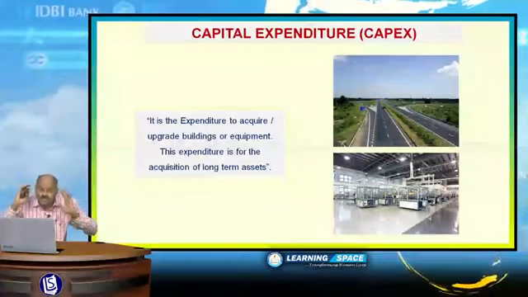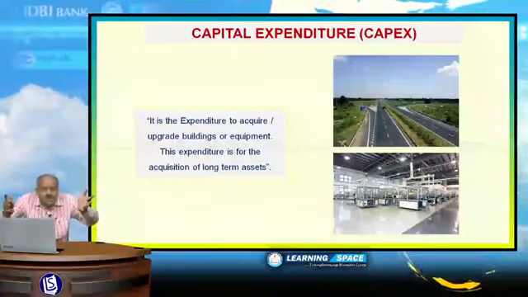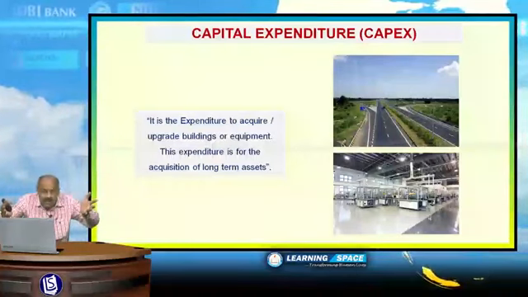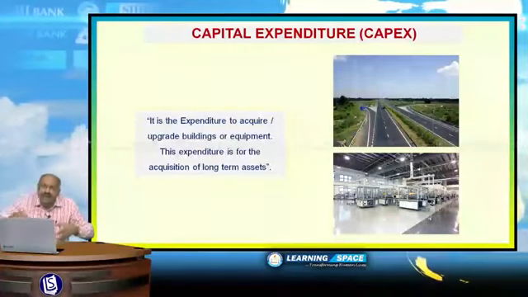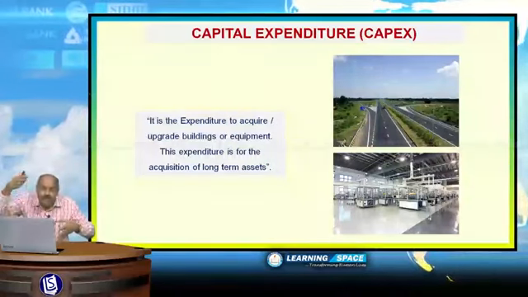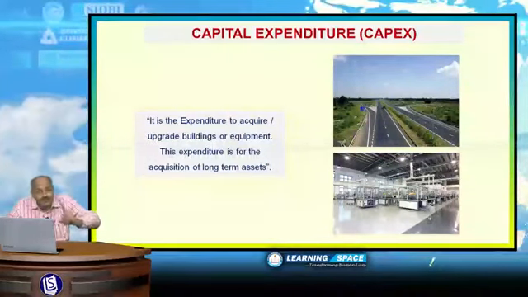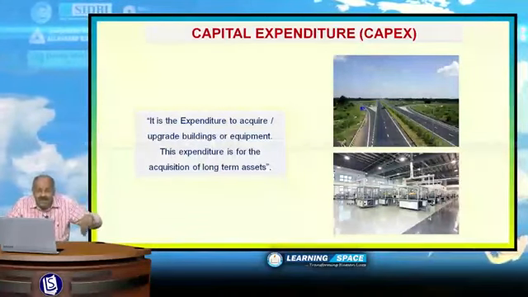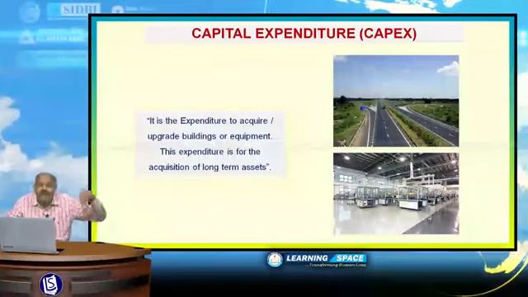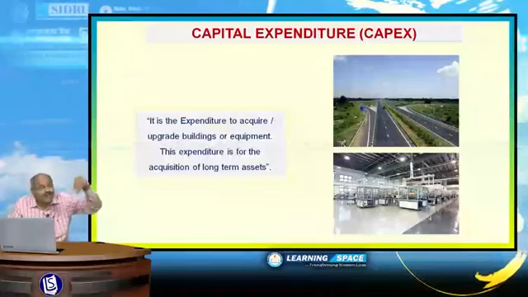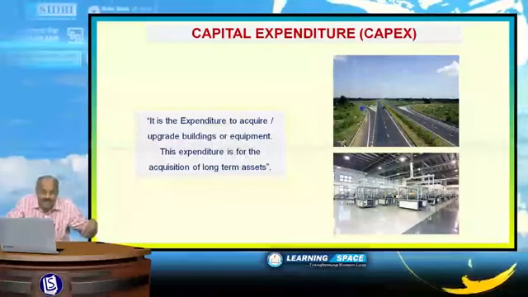If you are constructing a new house, that is capital expenditure. But if you are whitewashing your old house, that is revenue expenditure. So capital expenditure means basically acquiring assets, long-term assets or equipment.